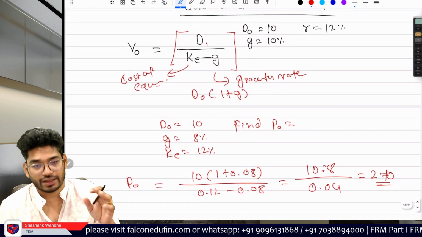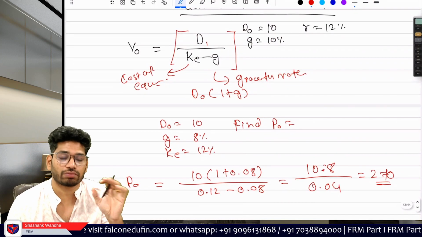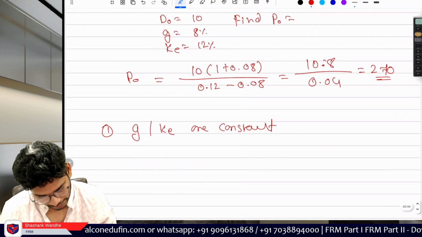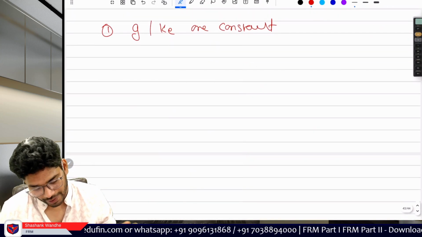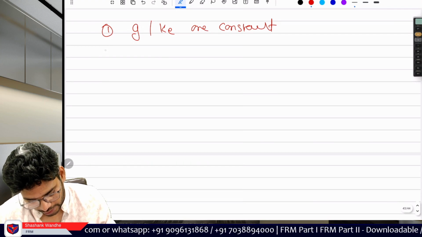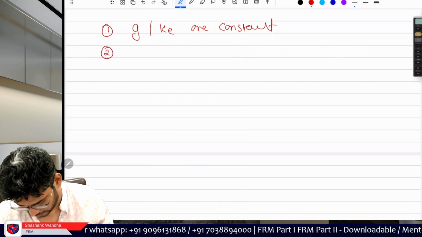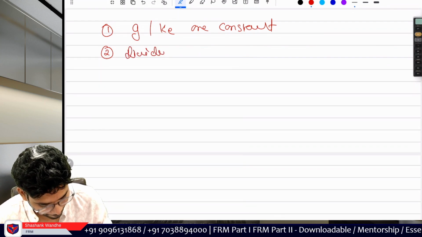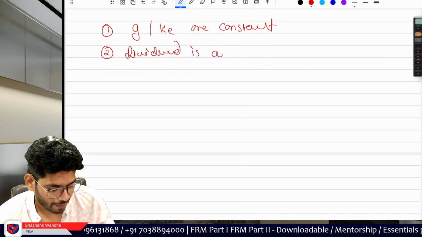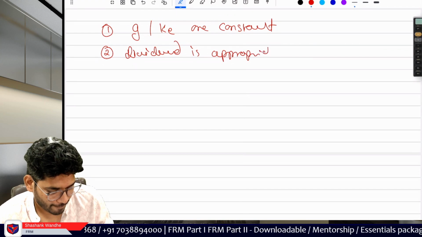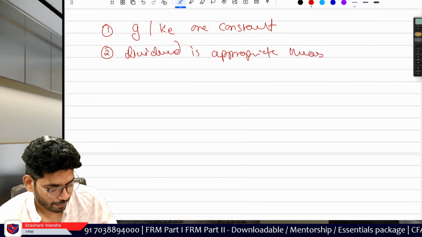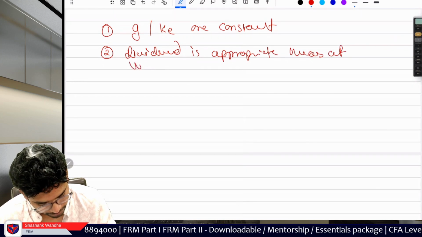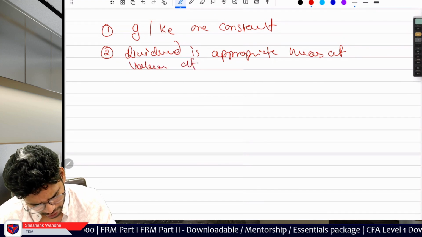See, in the equation we don't have space for a variable G or KE, so G and KE are constant. Second, dividend is the appropriate measure of value of the company or share.